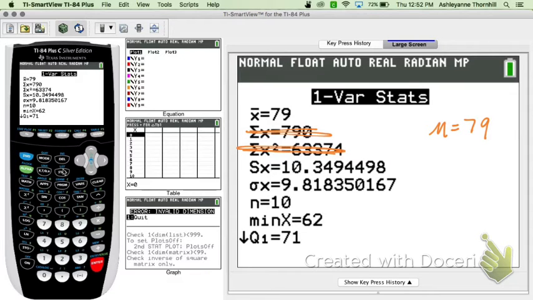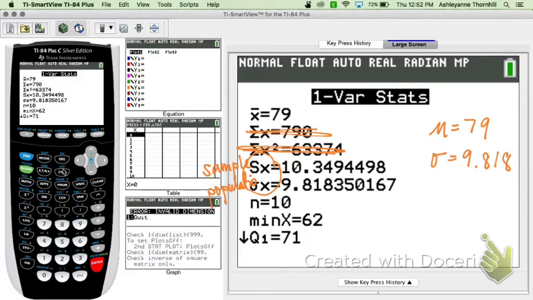Now, these two numbers right here, you have to decide which one to use. Sx is my sample. Sigma x is population. So I'm going to say, I just make a little curly o, 9.818. I'm going to go out 3 decimal places. Okay, everyone listen.